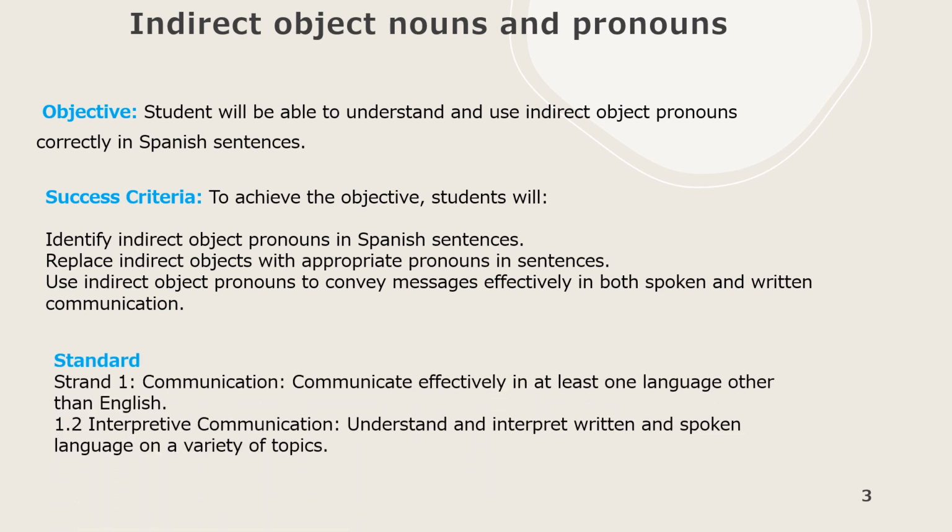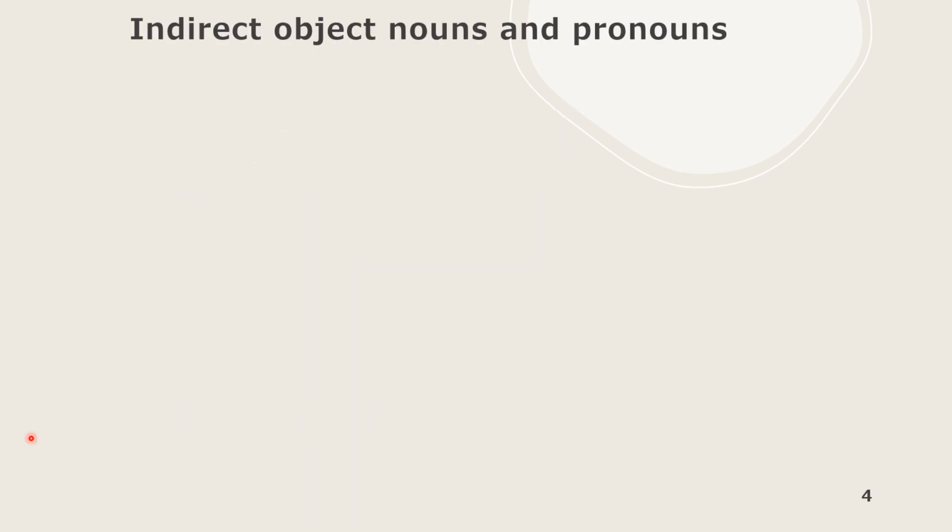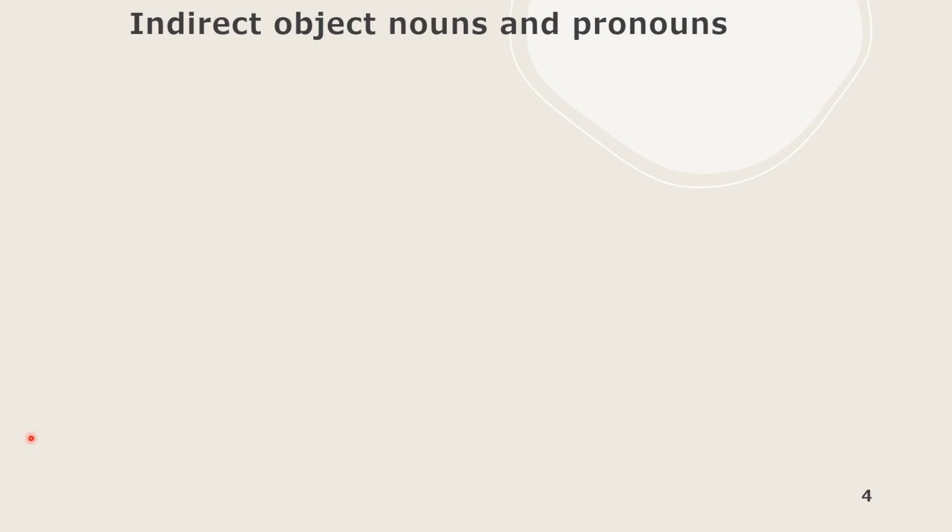The standard for this lesson is Communication, because you're going to learn to communicate with the indirect object pronouns and nouns. Last week you learned about the direct object nouns and pronouns, right?